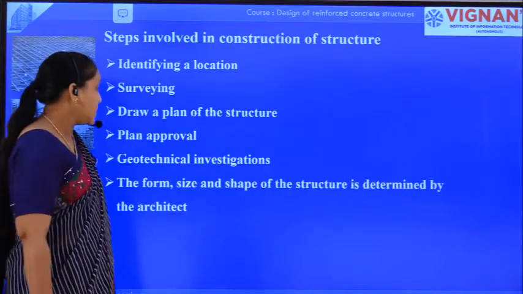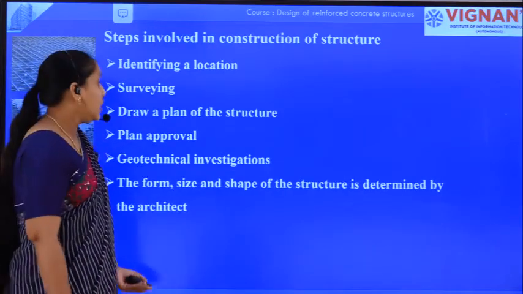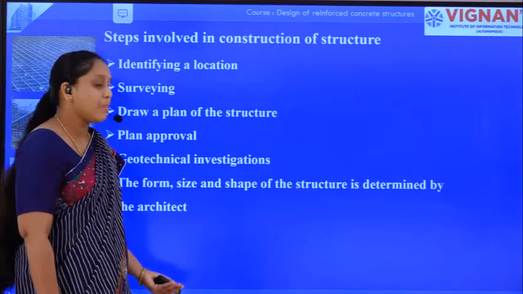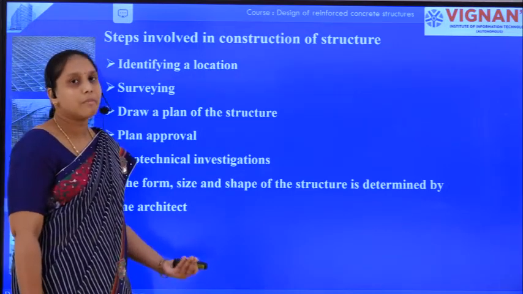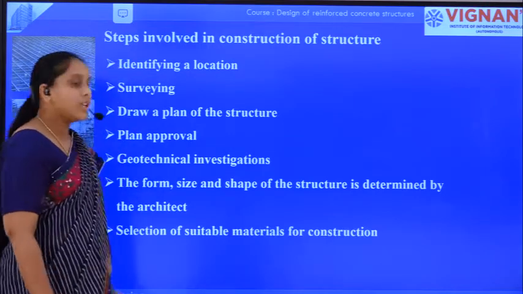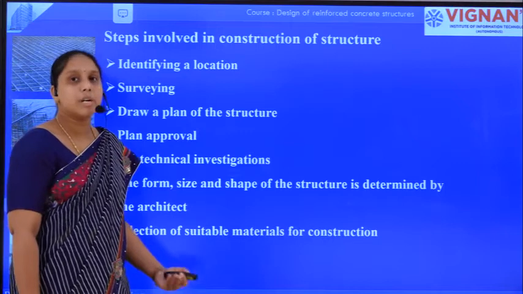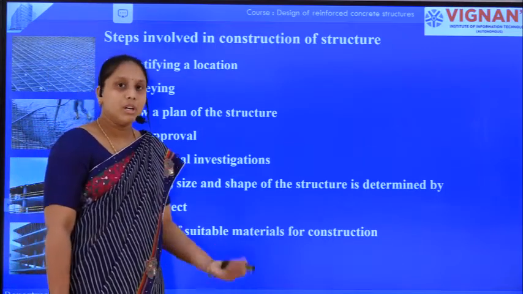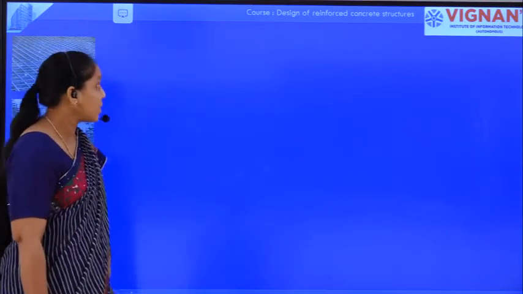After that, we will determine the suitable form, the size and shape of that particular structure with the help of an architect. After that, we'll select the suitable construction materials. What could be the materials required for the construction?